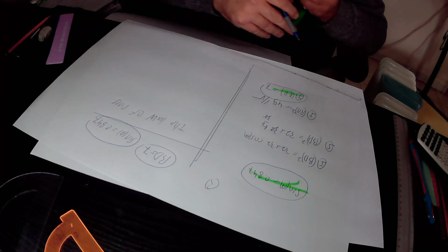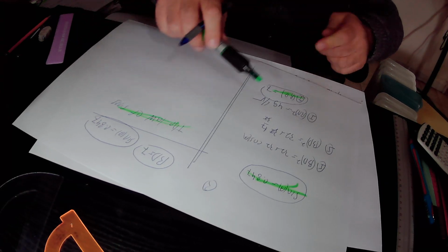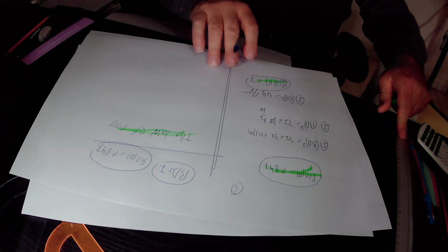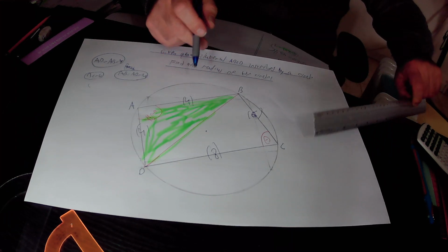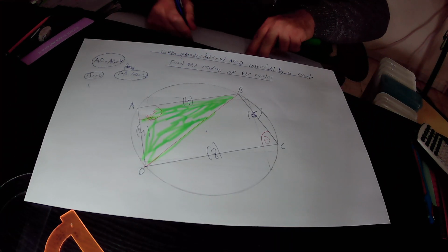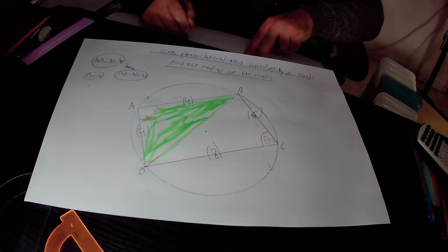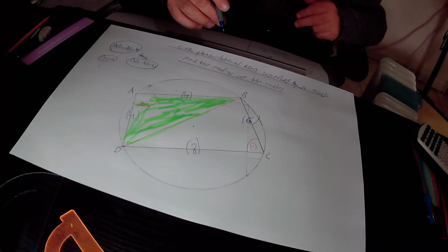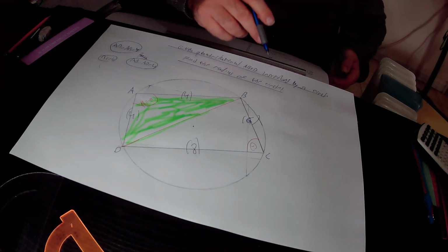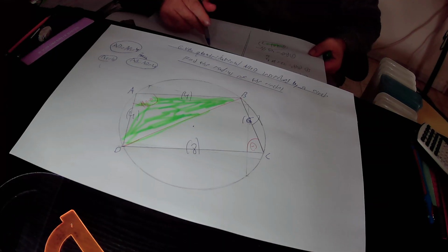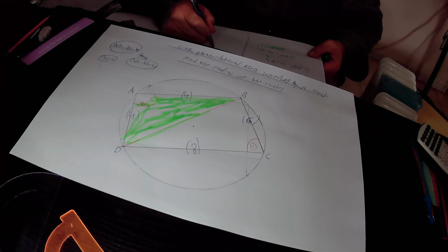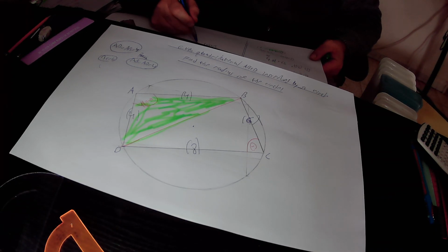And again, we implement the law of sines in this lower triangle BDC. According to the law of sines, BD over sine theta equals 2R.